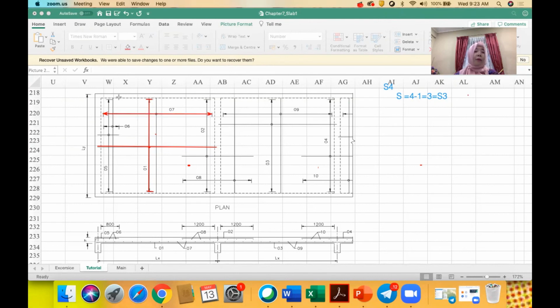Okay, meaning that we have a lot of secondary steel on top of the main steel just now. So again we need to show one of them only here. Okay, and then put the dot here.